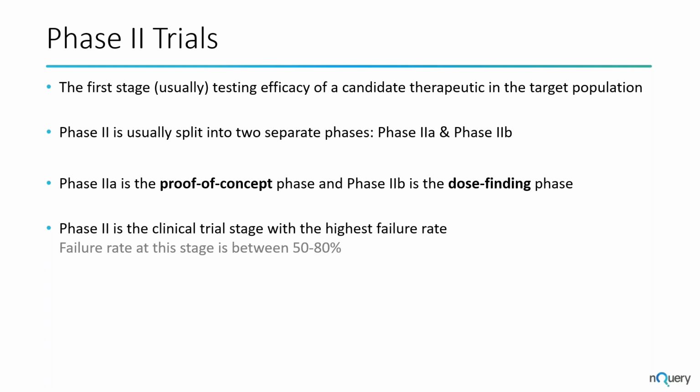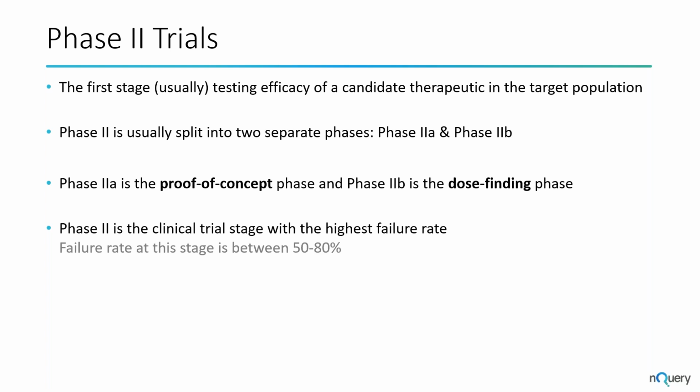So now our candidate therapeutic has gone through all the preclinical research. It is proven to be safe, and we know those safe doses from phase 1. This is usually the first time that we will test for a clinical effect in the target population. I say usually here because there is a growing interest in evaluating efficacy during phase 1.